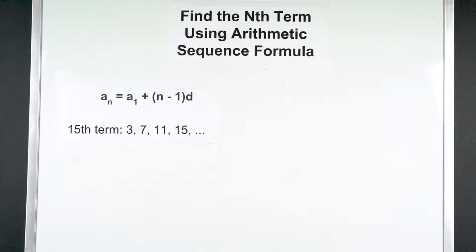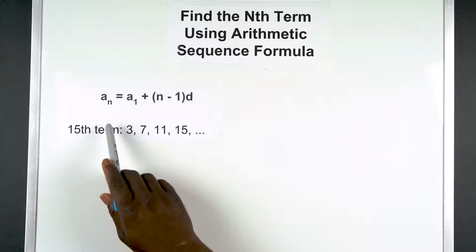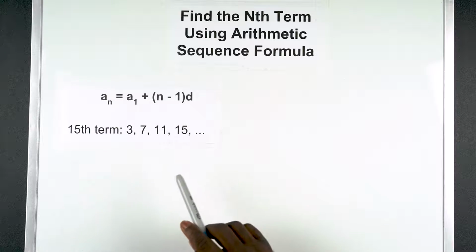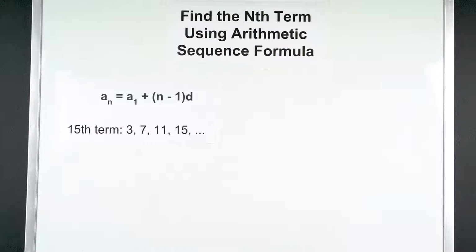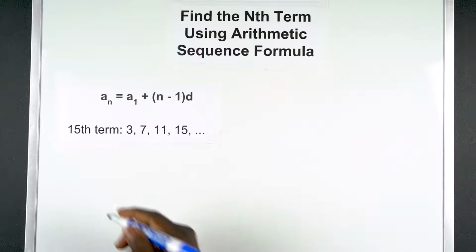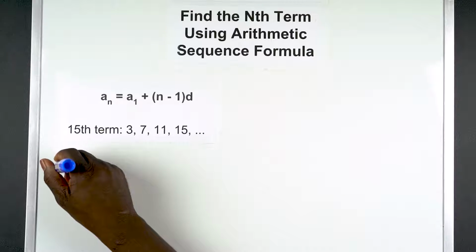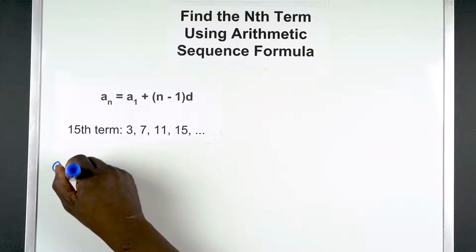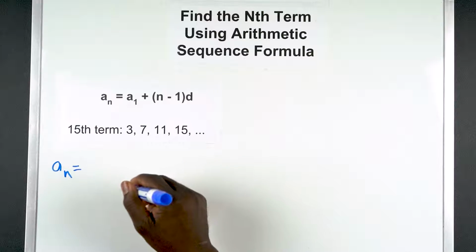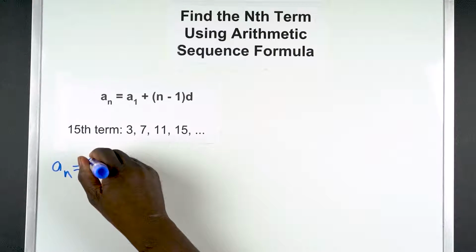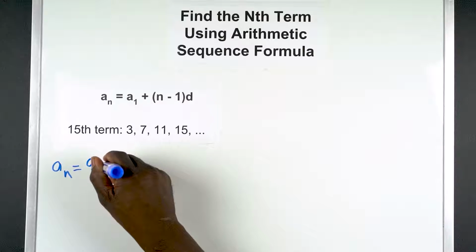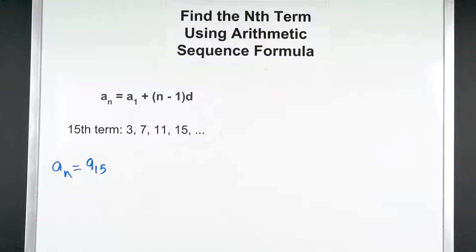The first thing I'd like to do is begin by talking about the various variables that we have in this arithmetic sequence formula. First, a sub n. In this case, a sub n represents the 15th term.